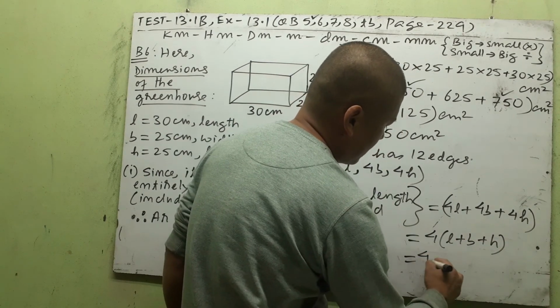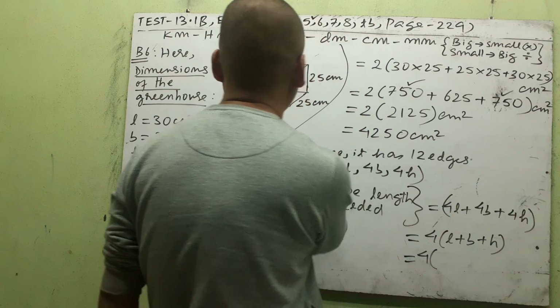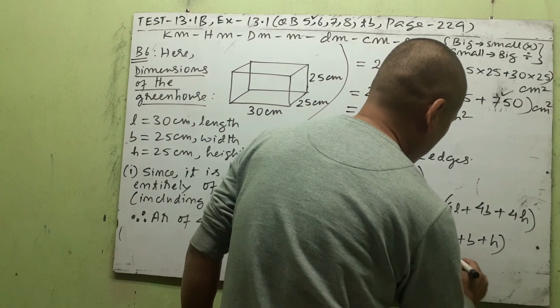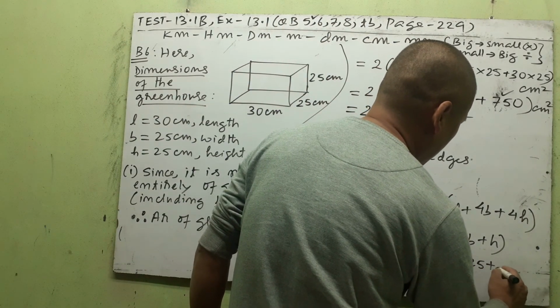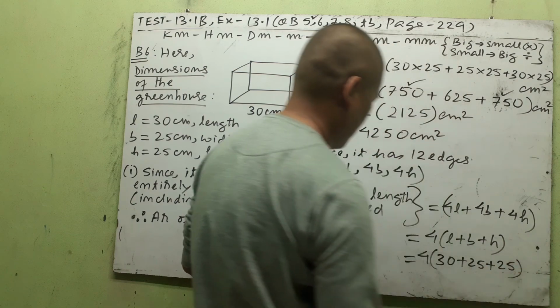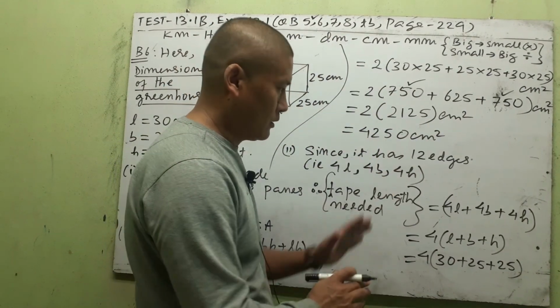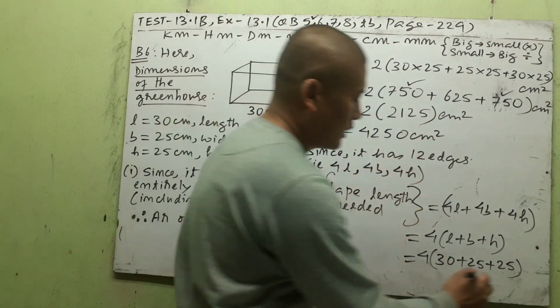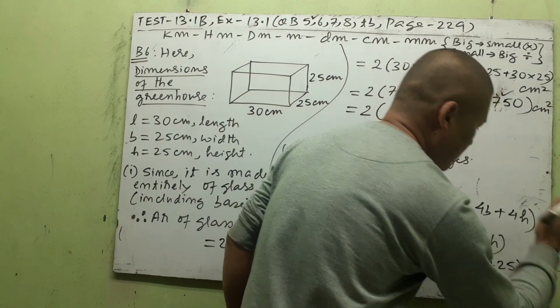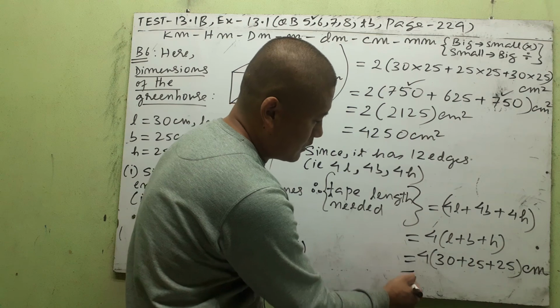4 into L is 30, B is 25, H is also 25. Since this is length, it's only a single dimension, area is 2 dimensions, so centimeter square, length only 1 dimension, so not centimeter square, centimeter.